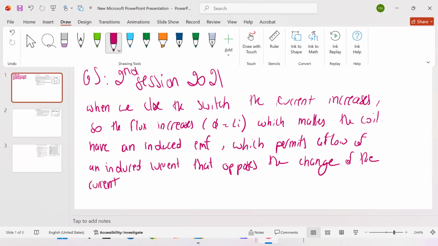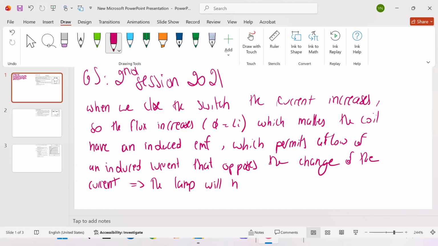And that's really important because I think the conceptual questions make the students feel like they're stuck. You're not stuck. And by the way, since we have an induced current that opposes the change of the current, the lamp will have a delay.